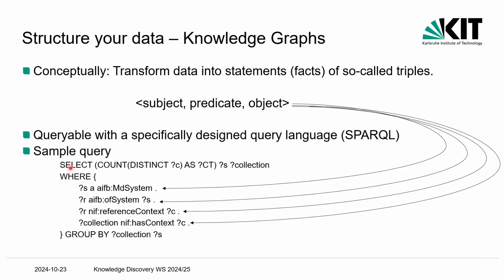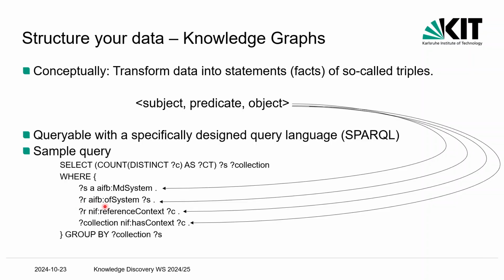For instance, there's a query where we just want to count the distinct C's, a CT block collection. Here we see that the question mark designates a variable, which in this case is a subject. Then there's a predicate, and A of B MD system is an object.